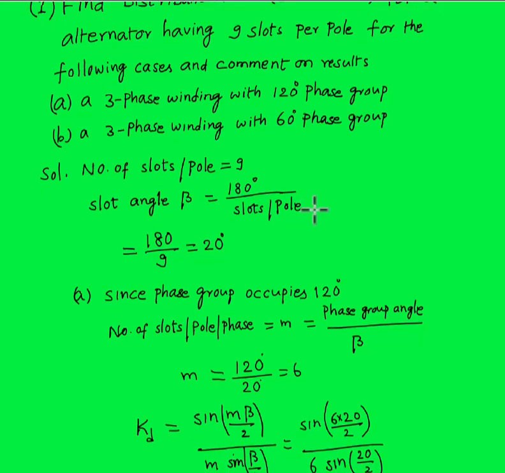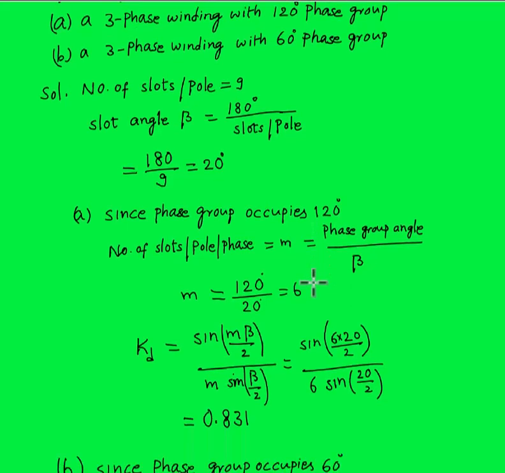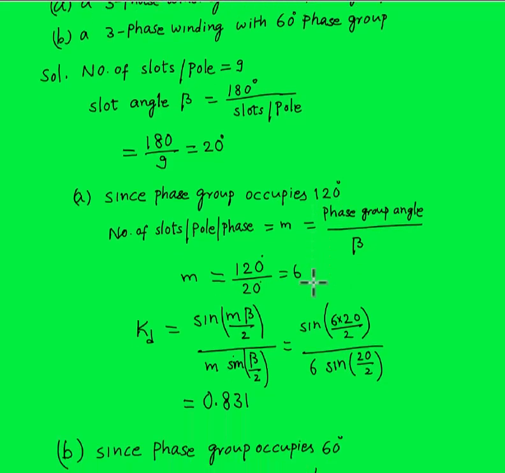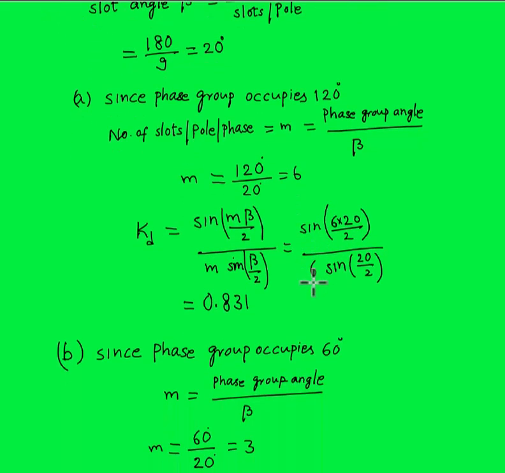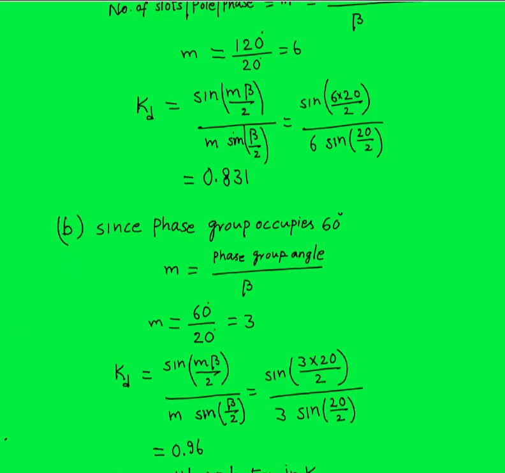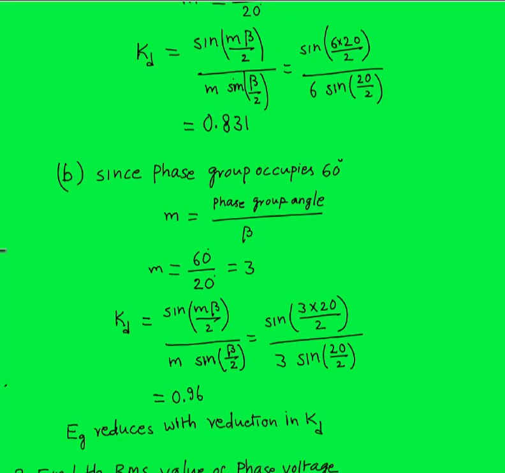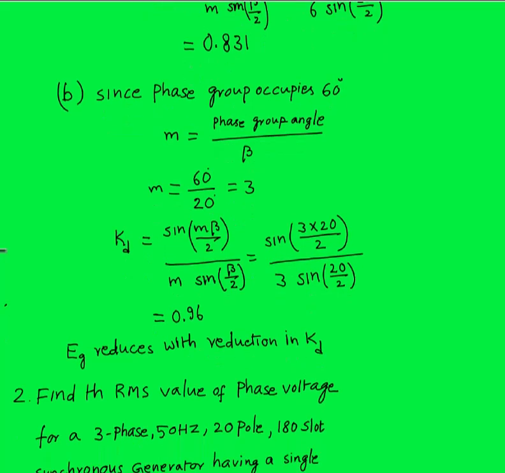And after knowing M and beta, it is possible to get the distribution factor using the formula sin m beta by 2 divided by m into sin beta by 2. Similarly, in the next problem we have seen that, on similar lines, the distribution factor is calculated, and we found that the distribution factor is increased. If the distribution factor is more, the induced voltage from the generator per phase is more. If the distribution factor is less, the generated EMF per phase is also less.